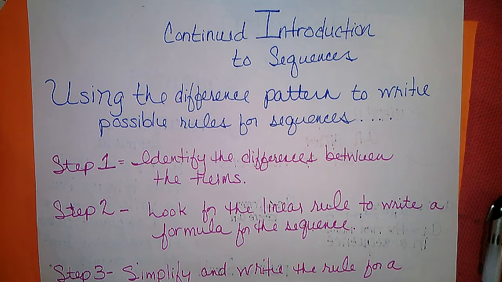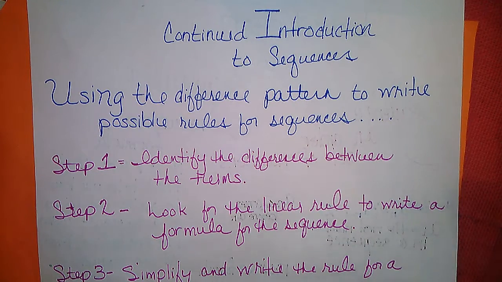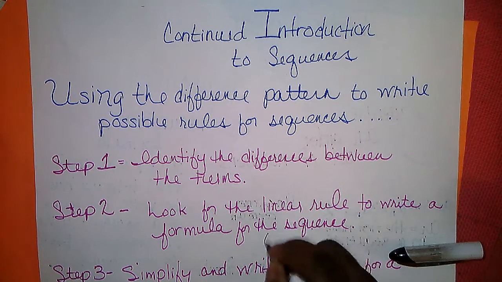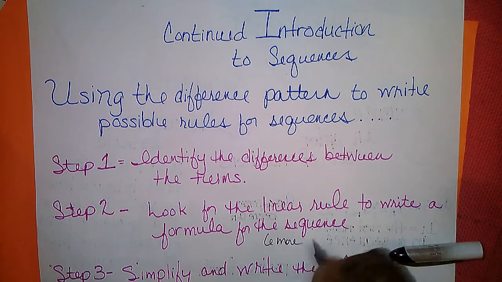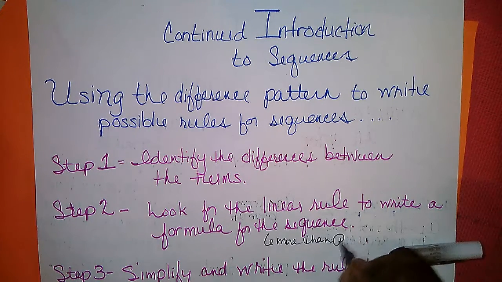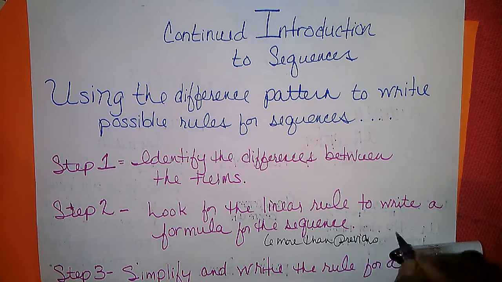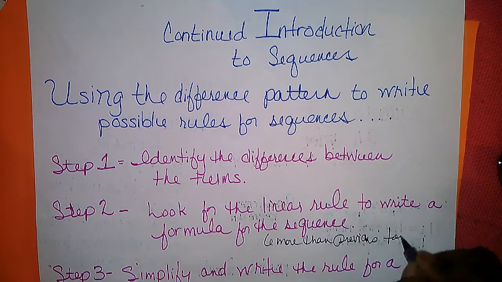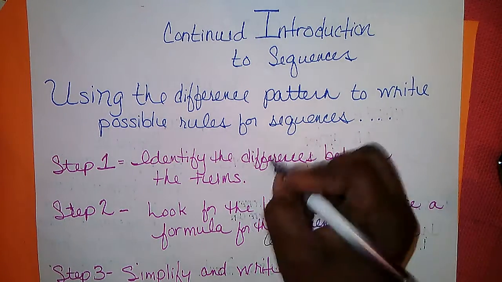Now next, we want to look at step 2. It says look for the linear rule to write a formula for the sequence. In looking at the linear rule, we know that each term is 6 more than the previous term, and we said it increased by 6.